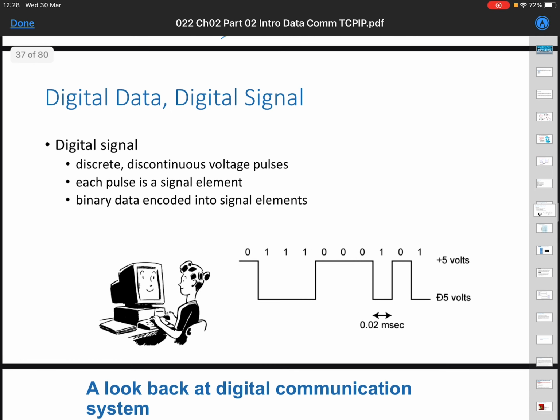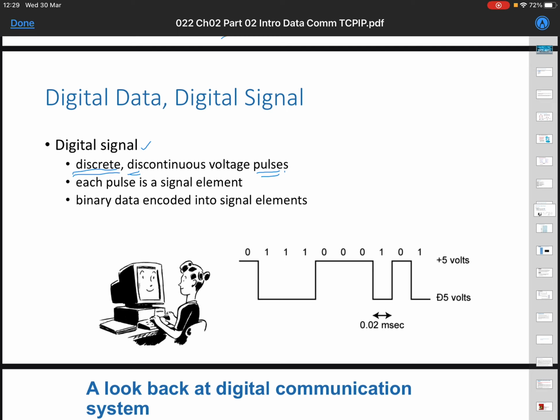Okay, digital data, digital signal. A digital signal is discrete, discontinuous. So digital means discrete, a discontinuous voltage pulse. This describes the digital data, digital signal. Each pulse is a signal element.